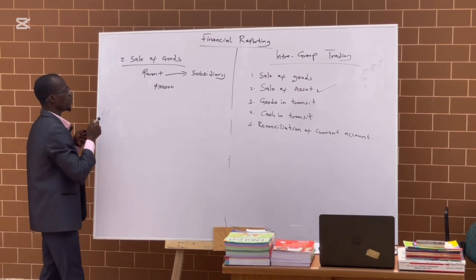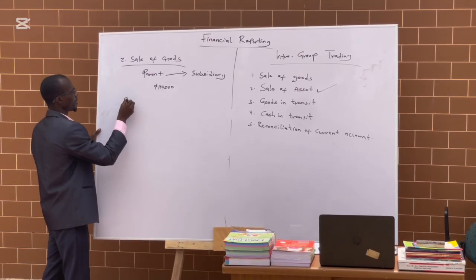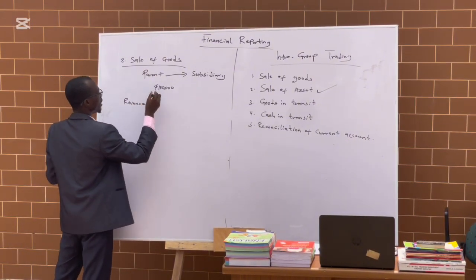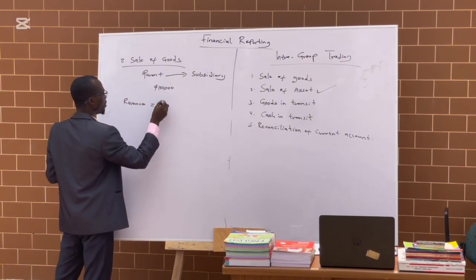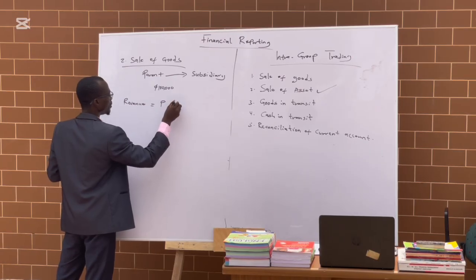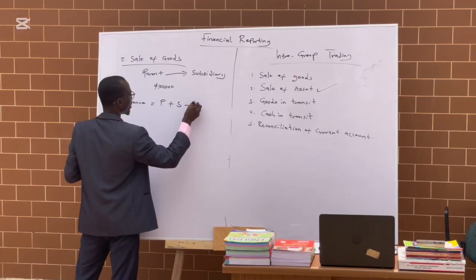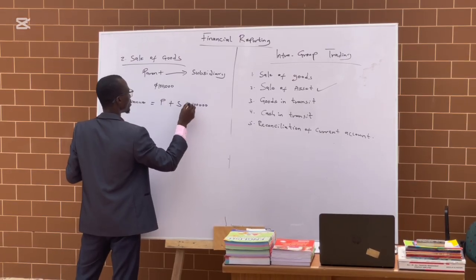So on the revenue side, you bring the parent revenue, then you add the subsidiary's revenue, then you subtract the 100,000. That's what I mean.